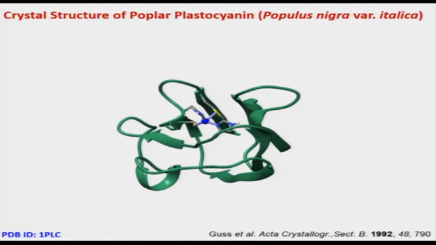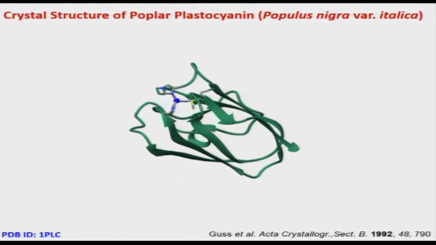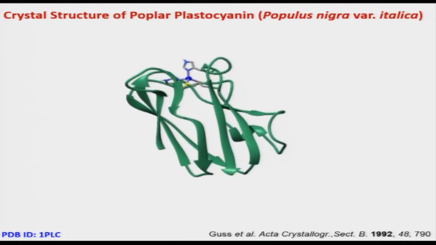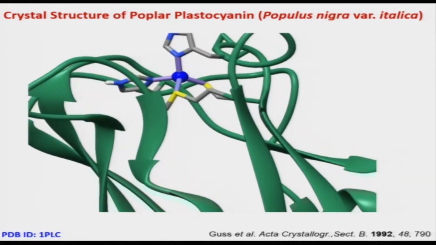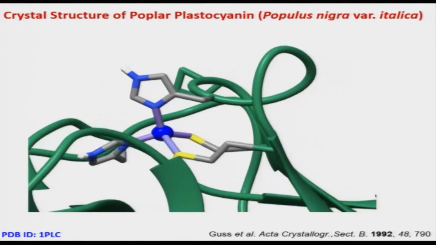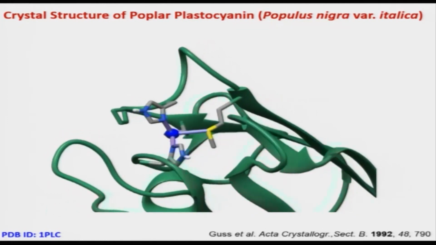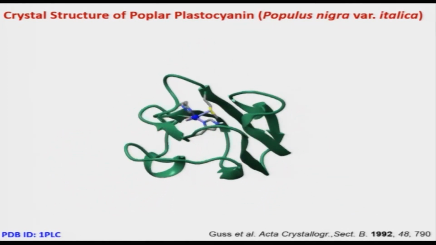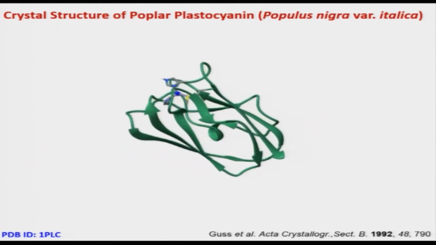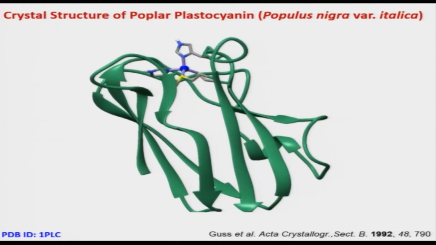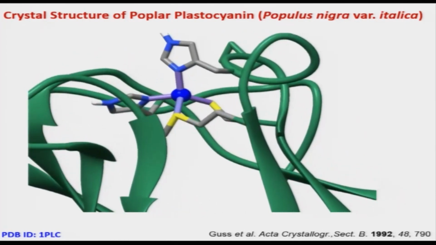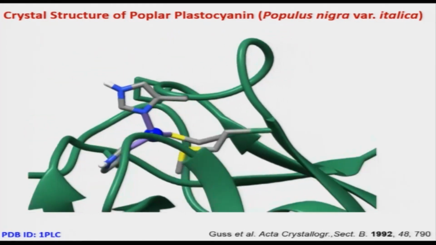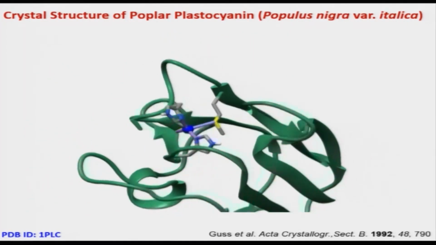I am showing you once again the protein structure of popular plastocyanin. As you can see, all these coordination sites are very rigid, and the protein creates that rigidity, and they stabilize this distorted tetrahedral structure both in the oxidized and reduced state.